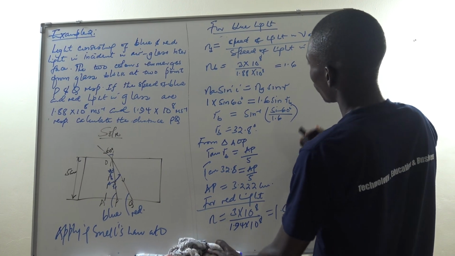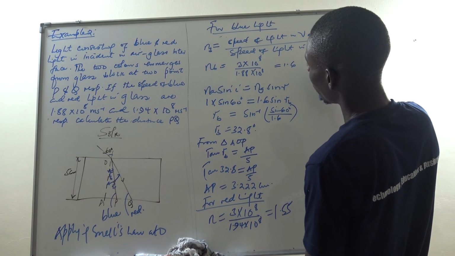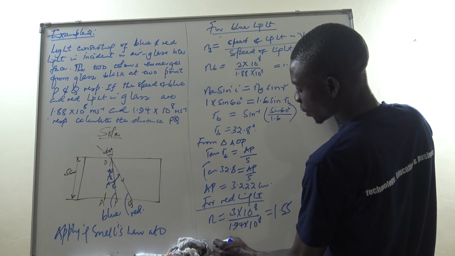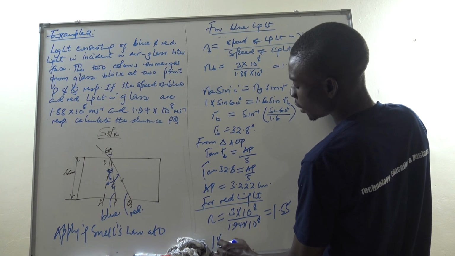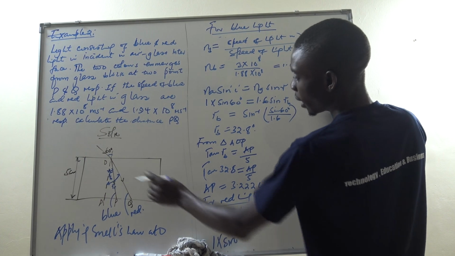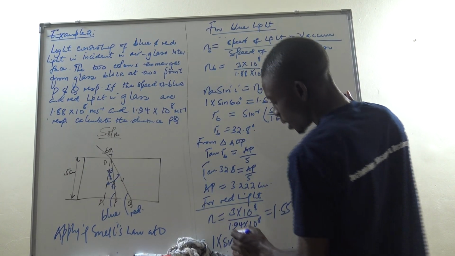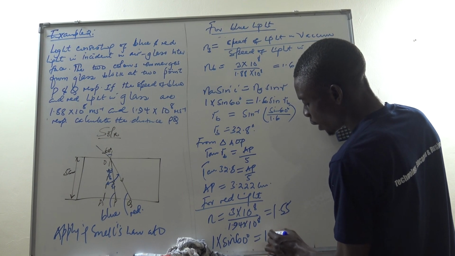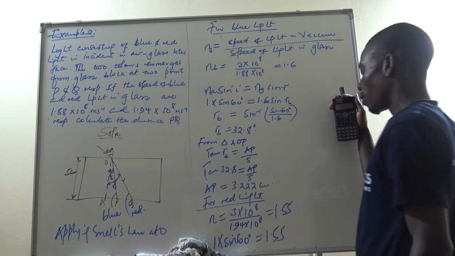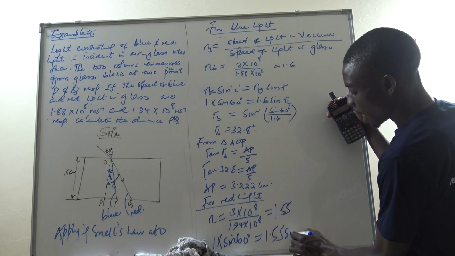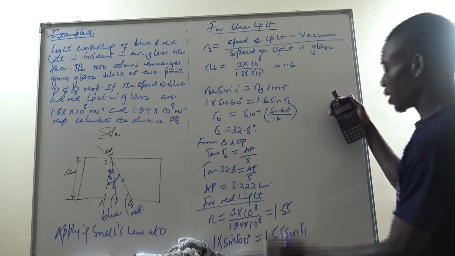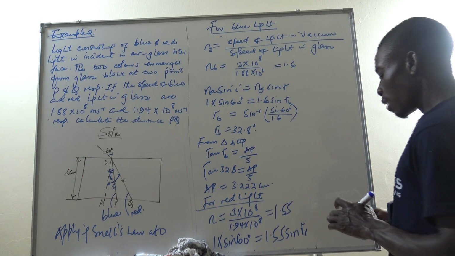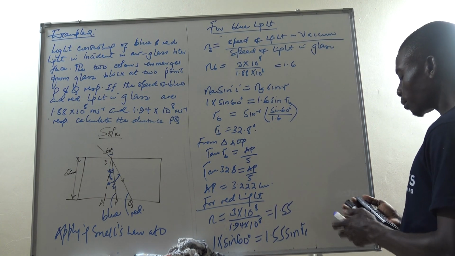If I apply Snell's law again at that point, the refractive index of air, which is 1, times sine of the angle in air, sine 60, equals the refractive index of the glass for red light, times the sine of the angle of refraction for red light.